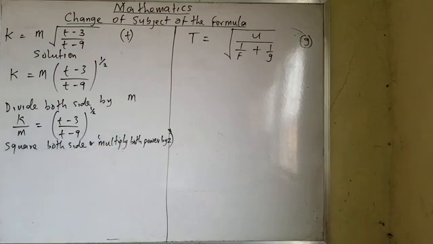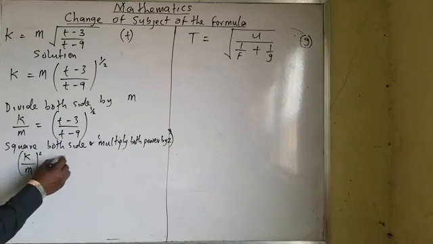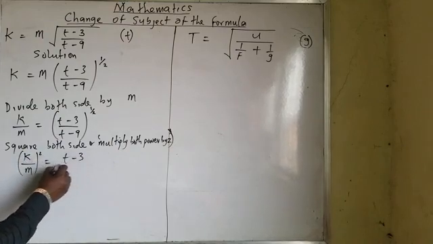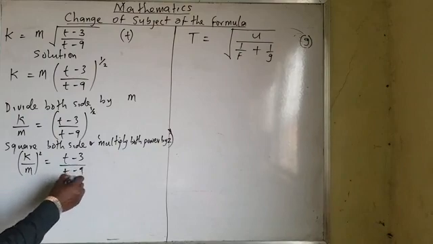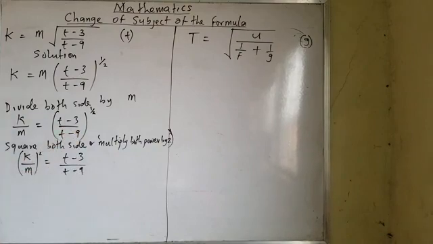Now, since I have that, it means I'll be having (K over M) squared equals T minus 3 divided by T minus 9. I've multiplied both sides by 2. Now, I can cross multiply.